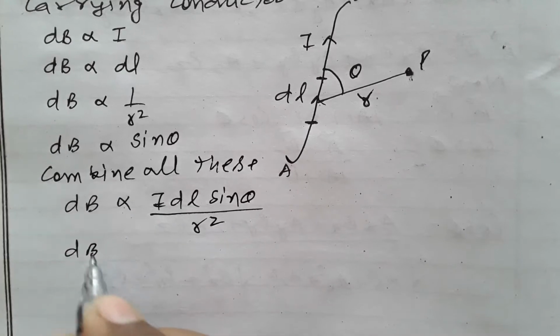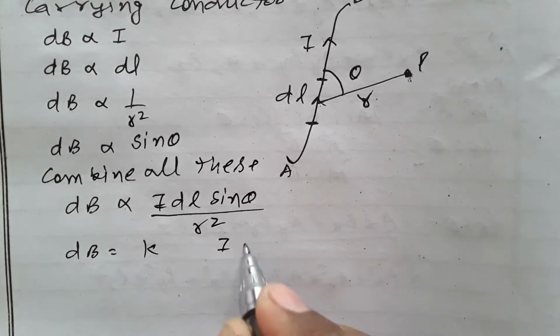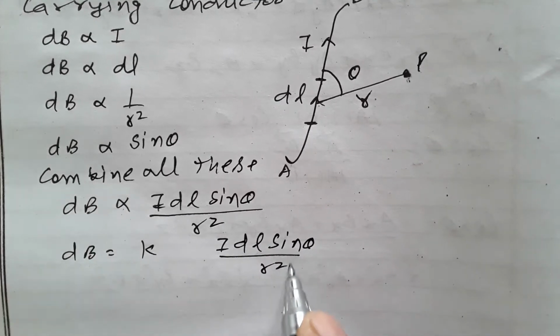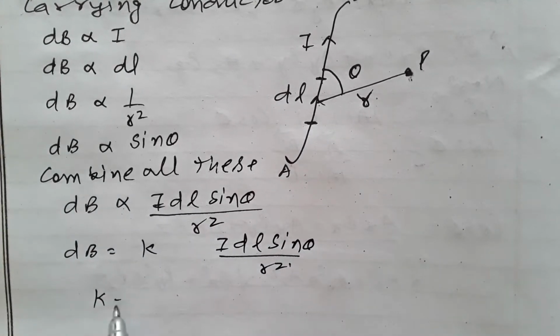Now we can write dB is equal to k I dl sin theta upon r square. Here k is a constant.